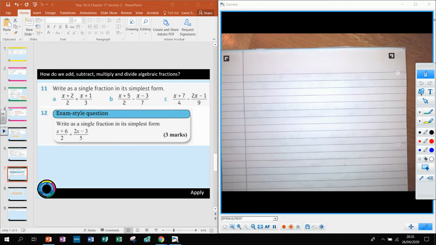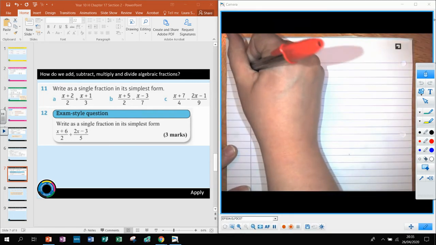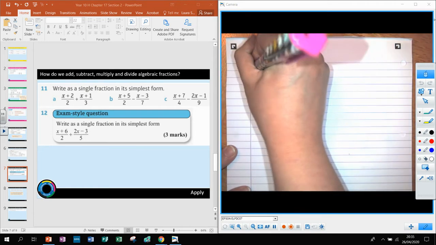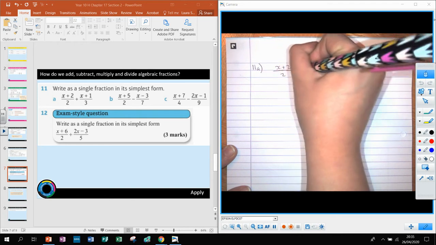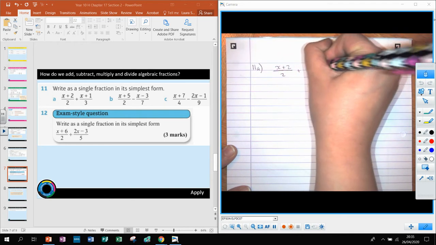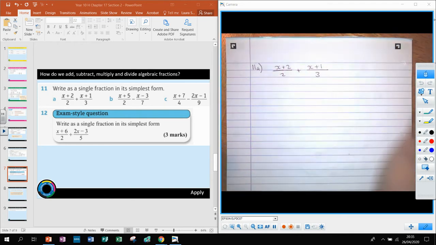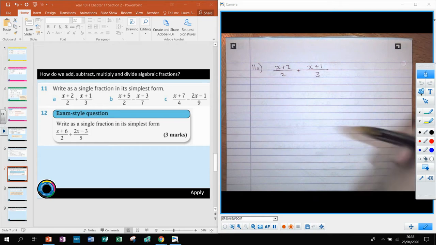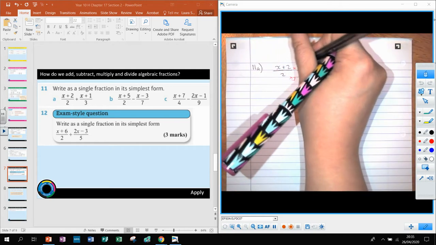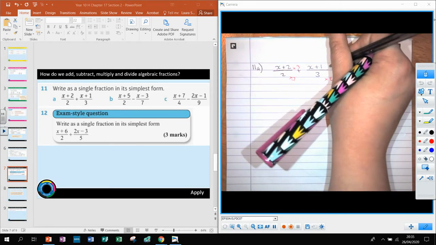Okay, right, so here for question 11a, we had x plus 2 all over 2 plus x plus 1 all over 3. Okay, so we want our denominator to be 6, so we are going to multiply by 3 and by 2.